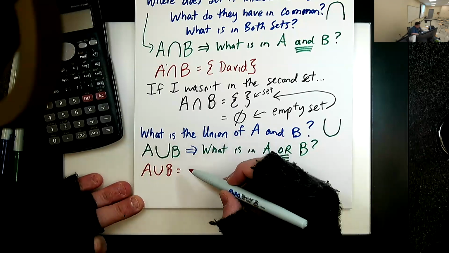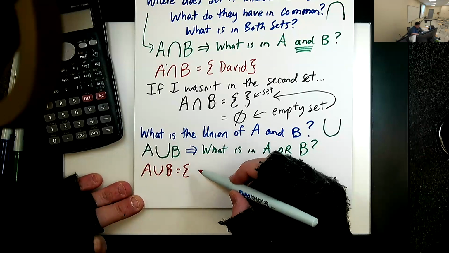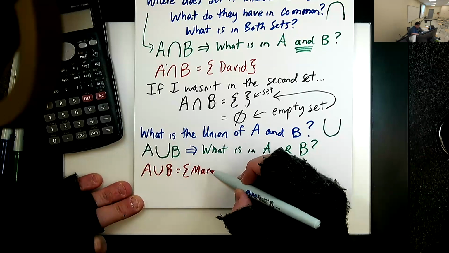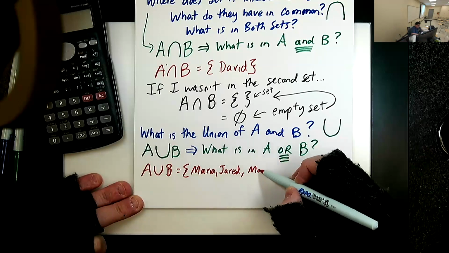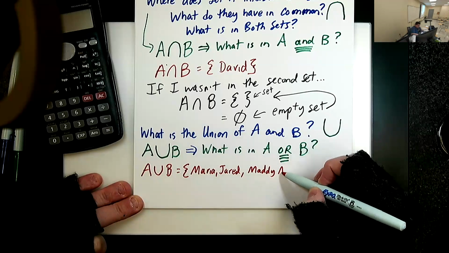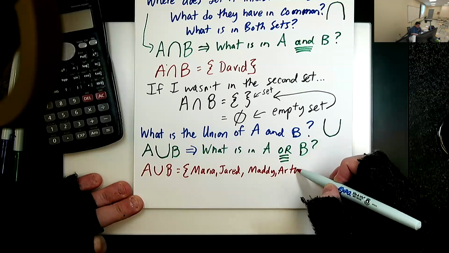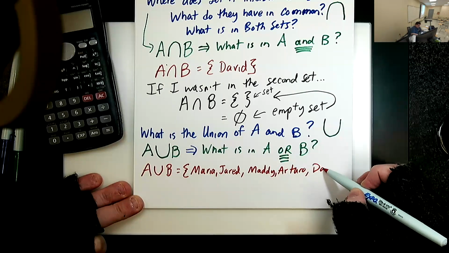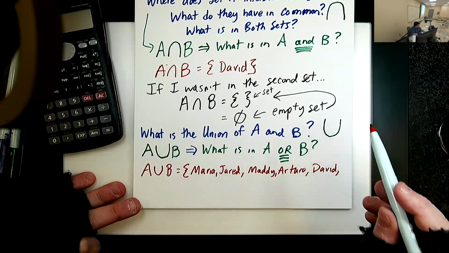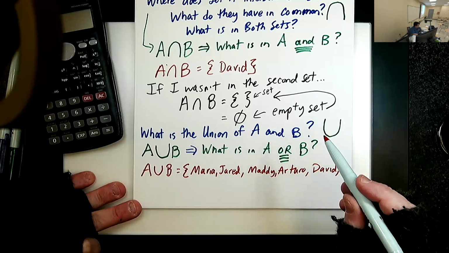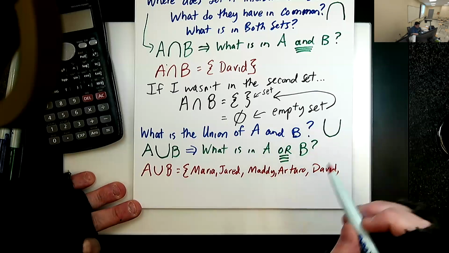you can write all of the elements or the members of one set. So I got Maria, I got Jared, I got Maddie, I got Arturo, I have David. And now I will add all the people that are in B that aren't already listed.